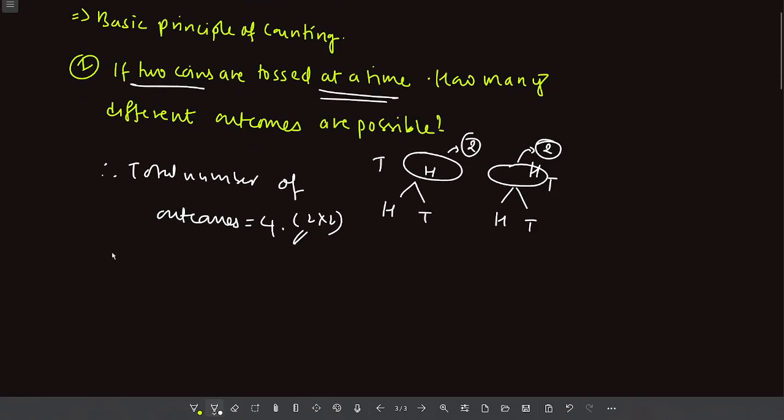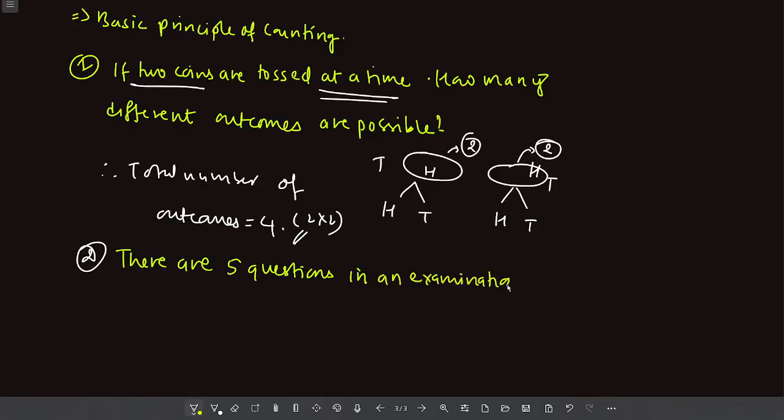Now similarly, next is, there are 5 questions in an examination. In how many ways can a student set up his answer?